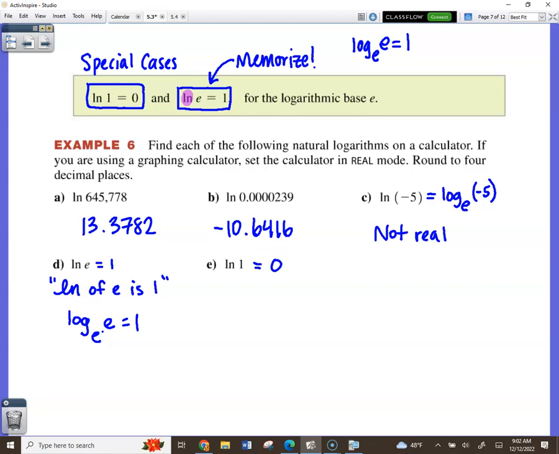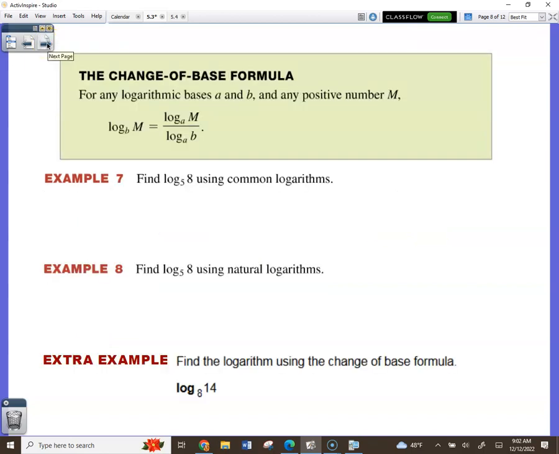Now, the next slide is called the change of base formula, which is very helpful when it comes to being able to evaluate logs that are not base 10 if you have a calculator that does not have the nice little log base feature. So look at this slide.